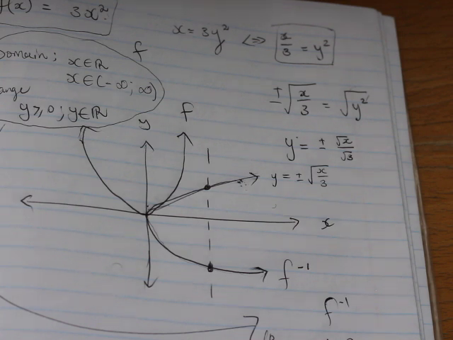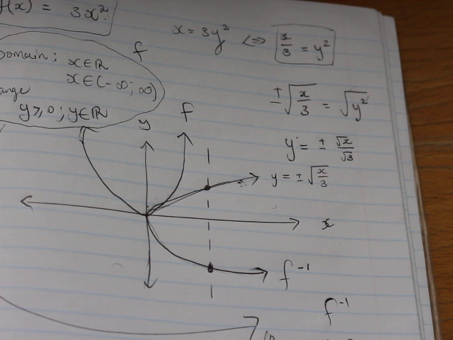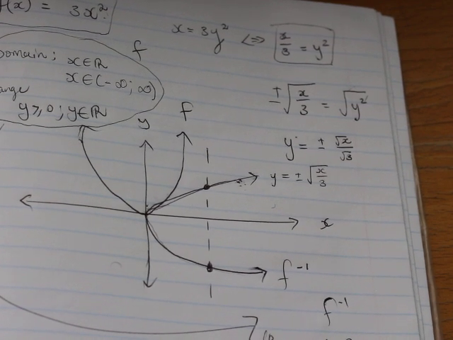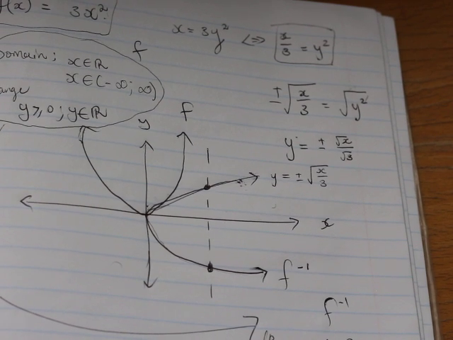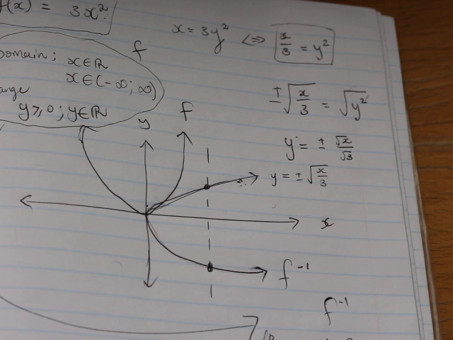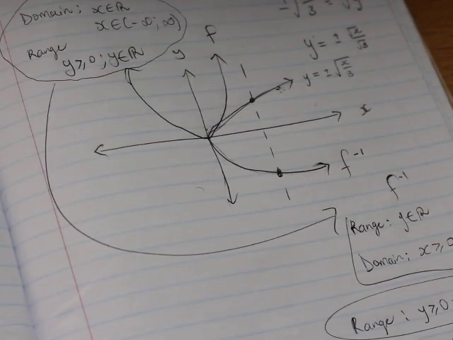If the range is inappropriate, then our inverse does not become a function. So this is the restrictions. You either restrict like this or you restrict like that. Anything else that I'm leaving out? Remember what I said.